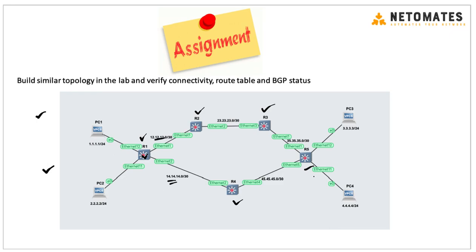Same for this, and do the same thing for here, and verify what are the valid and best routes on R1 and R5. So in the next class we will discuss how we can control what routes we want to advertise.